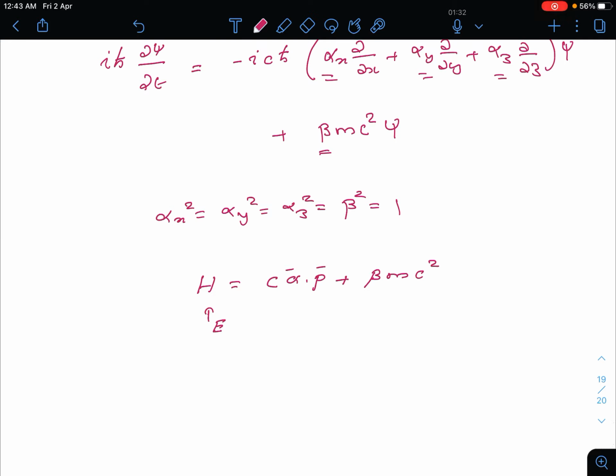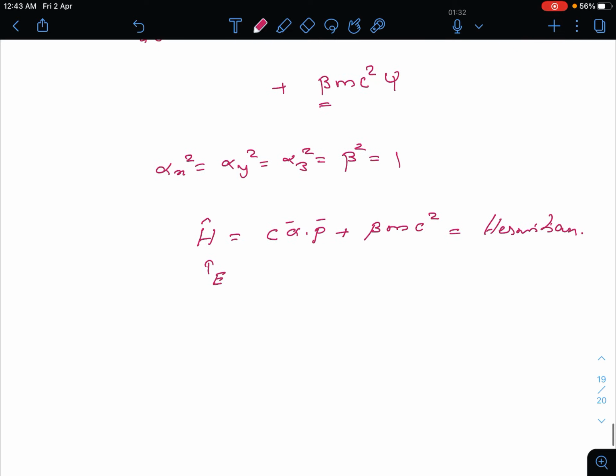Now, every Hamiltonian in quantum mechanics has to be Hermitian. So that means α·p, that means αx px plus αy py and so on. So we know that αx, αy, αz and β all have to be Hermitian.